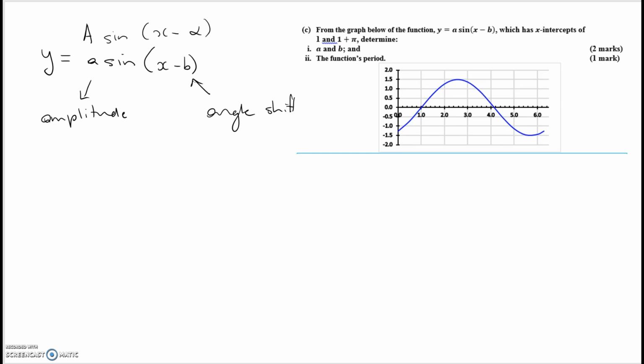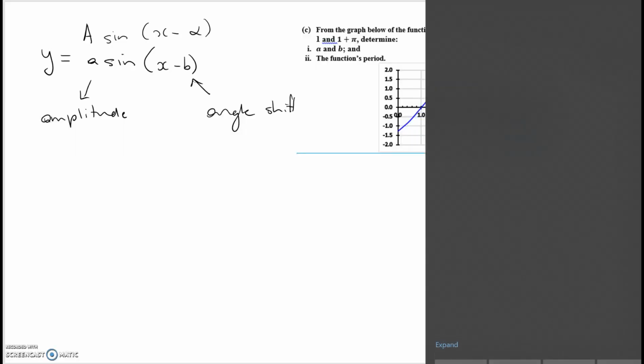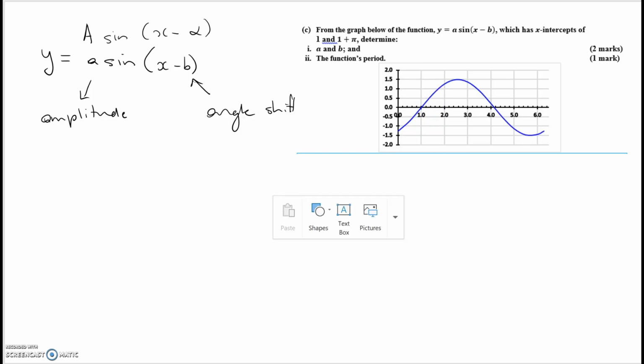Now, have a look at the curve. It's a sine curve. If it was a normal sine curve, it would have started here at 0, and it would have gone up to 1, and then, whoops, misreading the scales there, but you can see it's moved over this much.